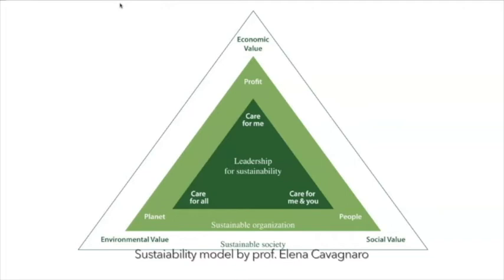If we see the sustainability model again, we can see that designing for economic sustainability means caring about me. Designing for social sustainability means caring for me and for you. And designing for environmental sustainability, for the health of the planet we all share, means caring for all. And with examples like those we have just seen, we see this shift happening.